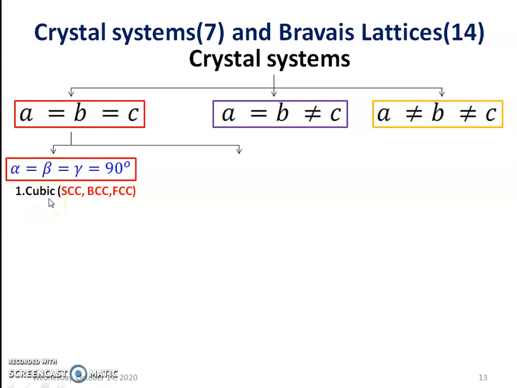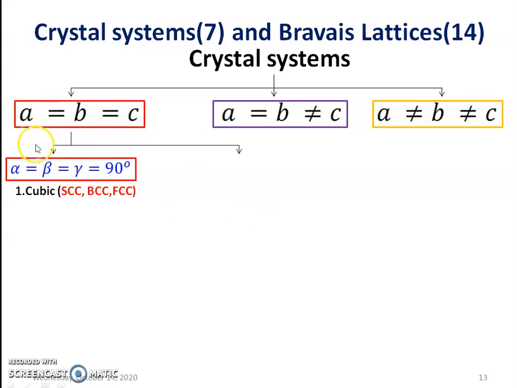Remember, in case of the cubic crystal system, A, B, C, all the edges are of equal length and all the angles are the same and equal to 90 degrees. That system is called the cubic crystal system. This is the first system. And the cubic crystal system has three Bravais lattices: simple cubic system, body centered cubic system, and face centered cubic system.